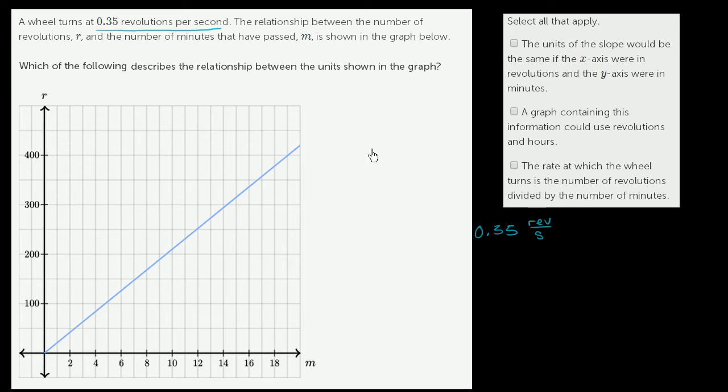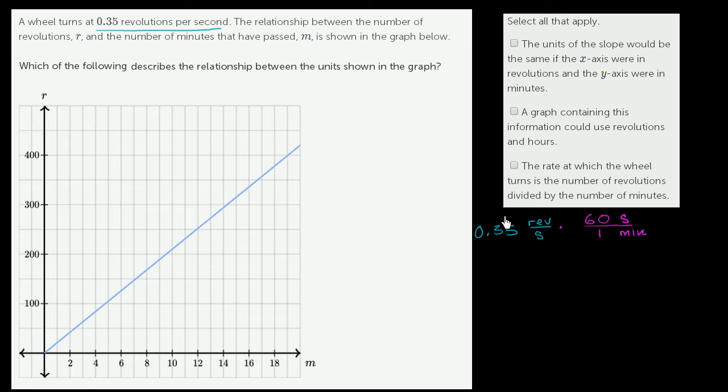So what I really want to do is multiply it times something that is in the units seconds per minute, because then the seconds will cancel out and I'll have revolutions per minute. Well, we know that there are 60 seconds for every 1 minute, and so this is essentially the same quantity in the numerator and the denominator. 60 seconds is equivalent to 1 minute, and so this is essentially equivalent to multiplying by 1.